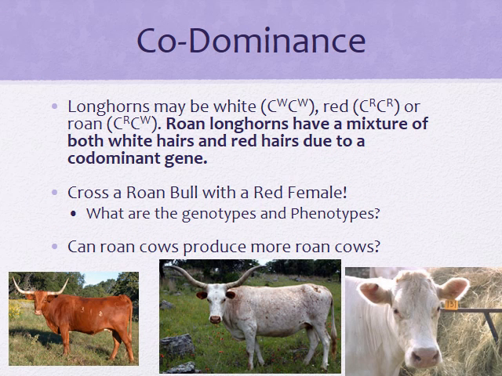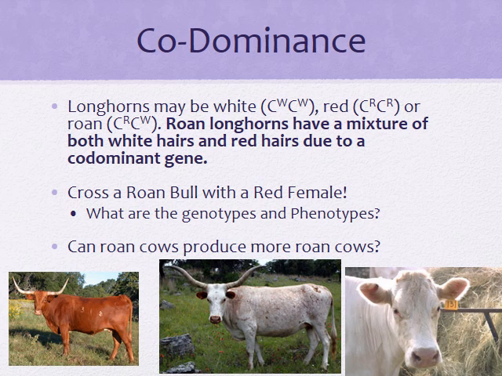So let's do a little codominance problem then. So Longhorns can be white, CW CW, red, CR CR, or roan, which is kind of like white with red specks, which is resulting in CR CW. Roan longhorns have a mixture of both red and white hairs due to a codominant gene.